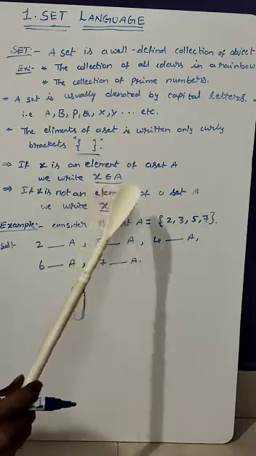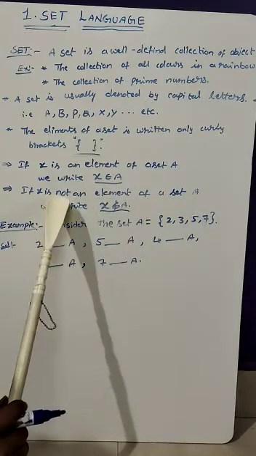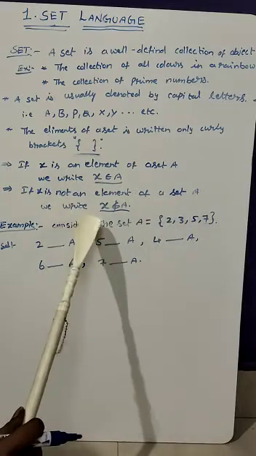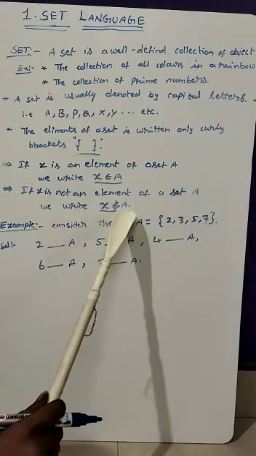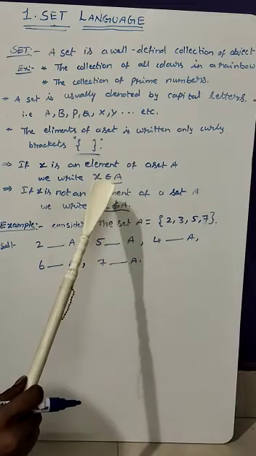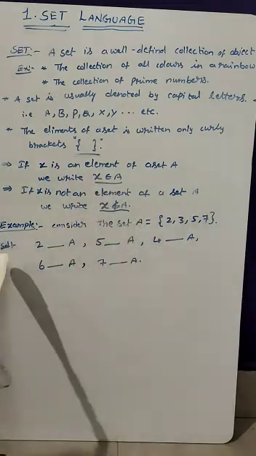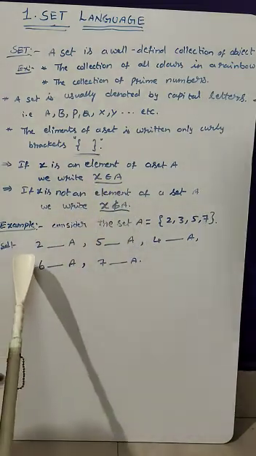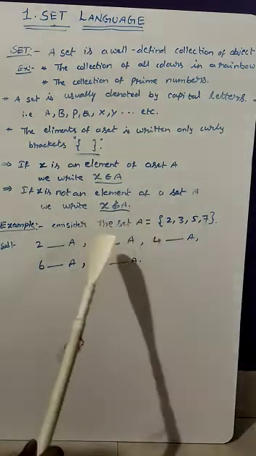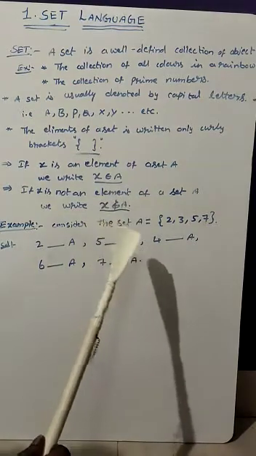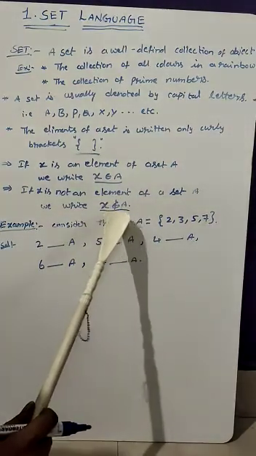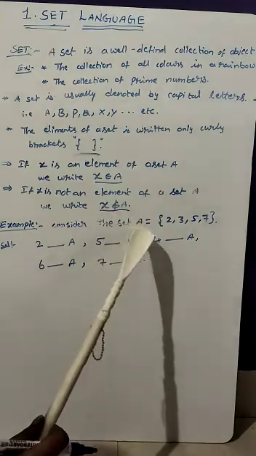And if x is not an element of set A, we write x does not belong to A. Now I will show one example sum. If it is an element of A, you have to use the belongs to symbol. If it is not an element of A, you can use the does not belong to symbol.